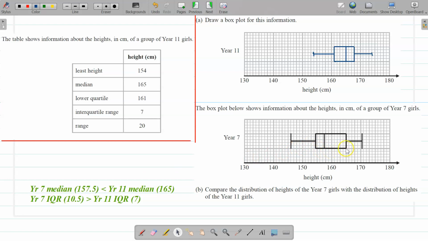That's the difference between 165 and 154.5. That's 10.5, the length of that box. That's greater than the Year 11 interquartile range, which we know is just 7 from the table. So that would get you all the marks, and it doesn't take a lot to write down.